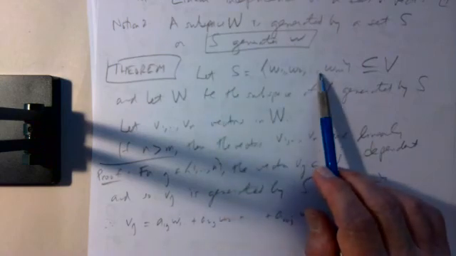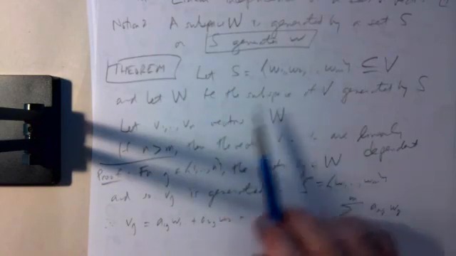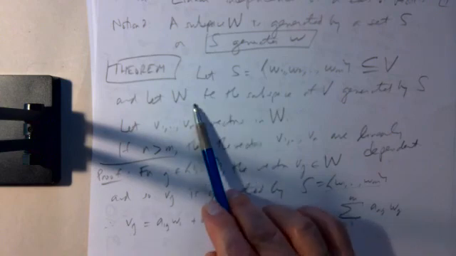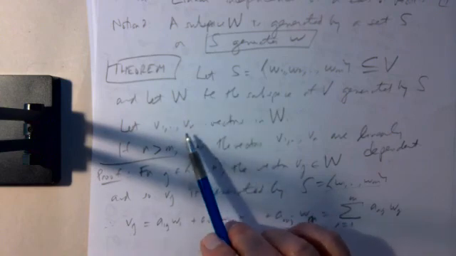What did our theorem start with? We have, back here, a set of m vectors in the set S. W is generated by this set of m vectors. In this subspace W, we choose n vectors.